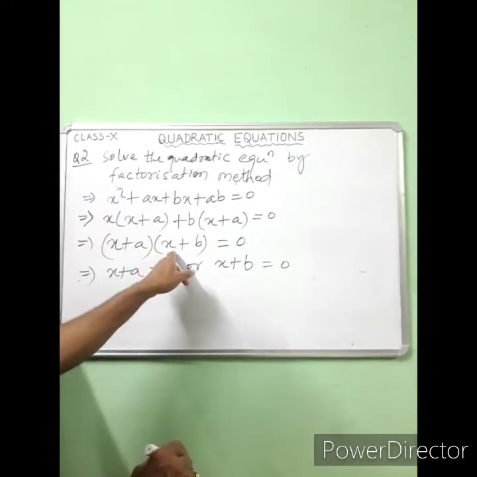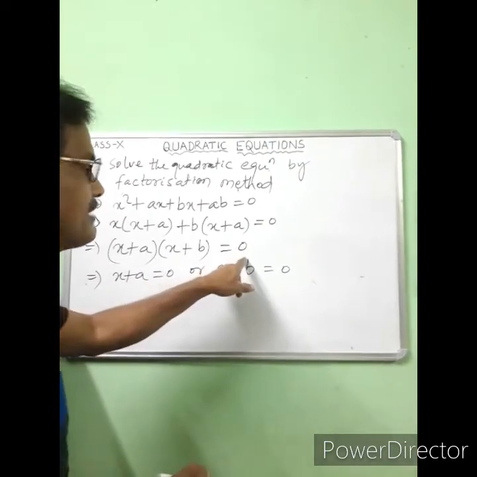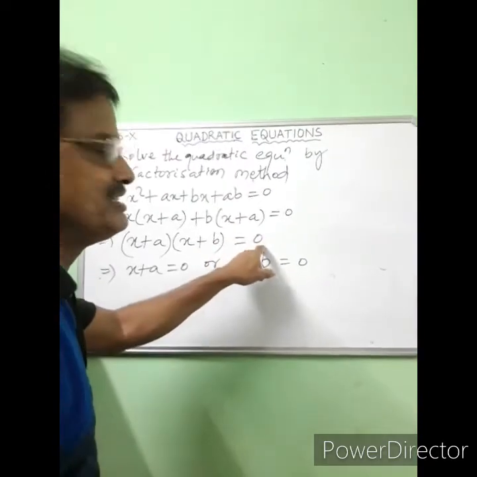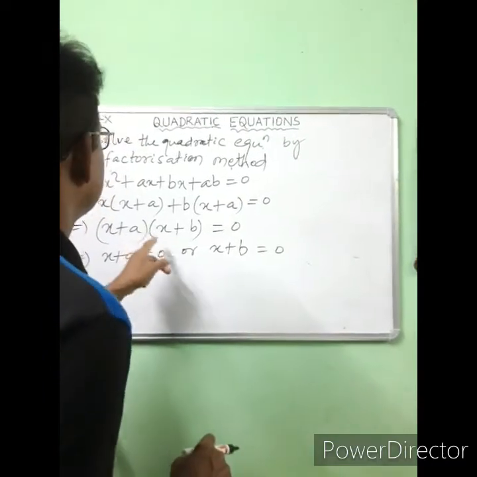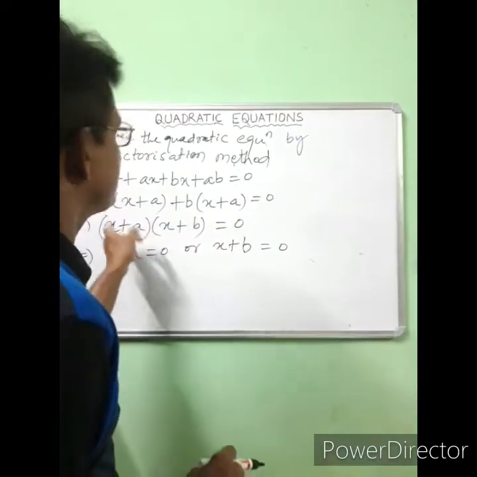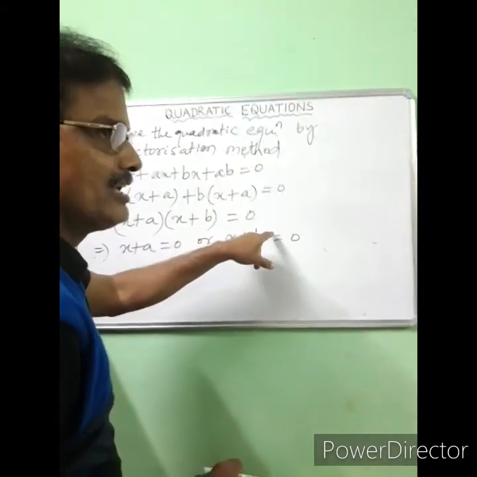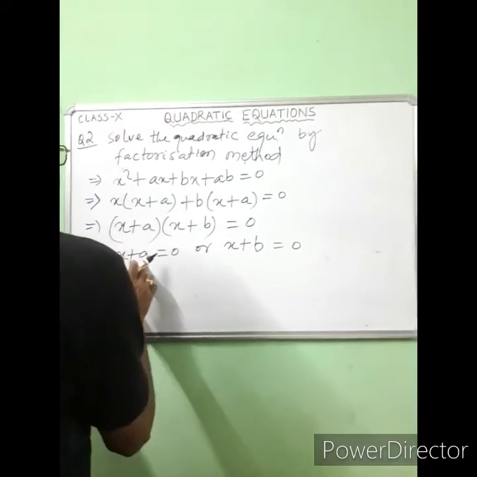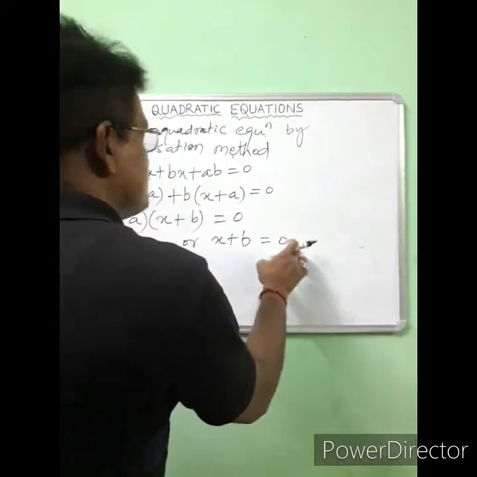Because if x plus b comes to that side, 0 divided by x plus b, the result is 0. Similarly, when x plus a comes to that side, 0 divided by x plus a, the result will be 0. So x plus a is equal to 0, or x plus b is also equal to 0.